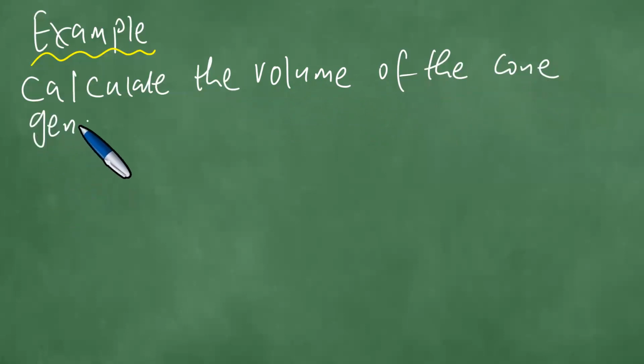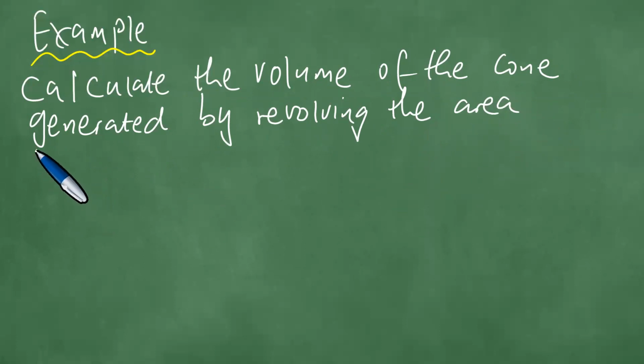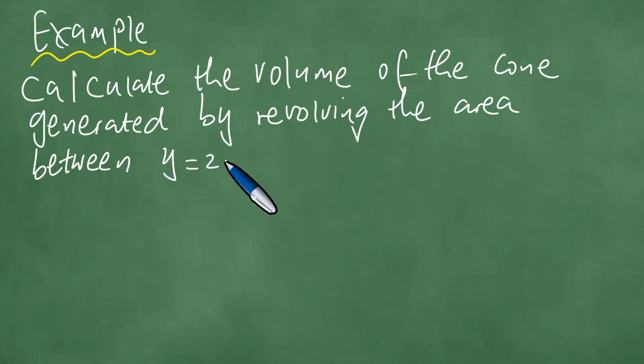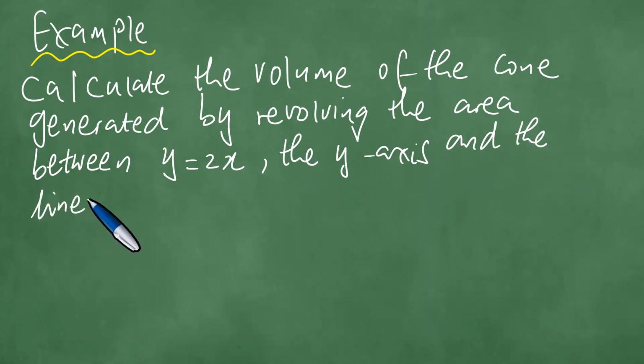generated by revolving the area between y equals 2x, the y-axis, and the line y equals 5 about the y-axis.